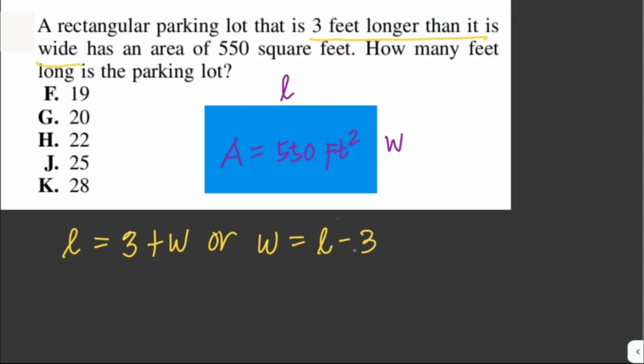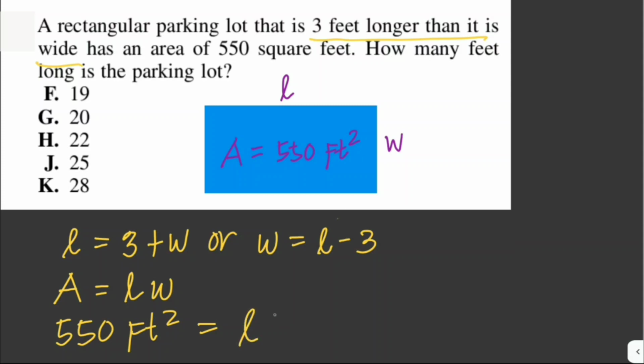Now, since we're given the value of the area, and to solve for the area of a rectangle, we just have to multiply the length and the width. So we just plug in all the given values here. So the area is 550 square feet equals the length times the width, which is just equal to L times (L minus 3).